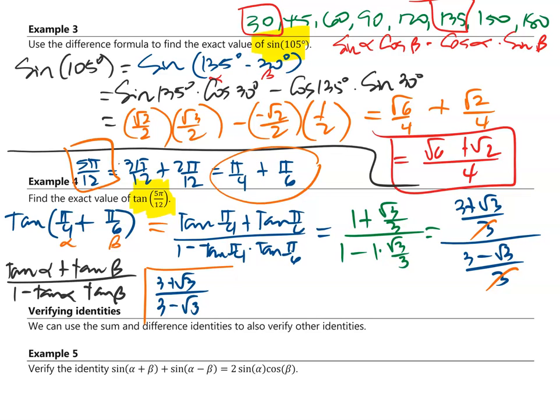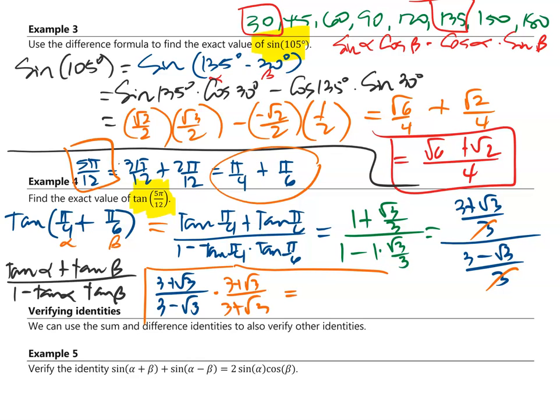And if I want to rationalize the denominator, I'm going to multiply this by 3 plus square root of 3 over 3 plus square root of 3.